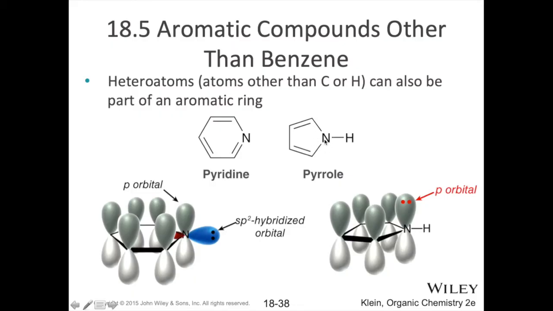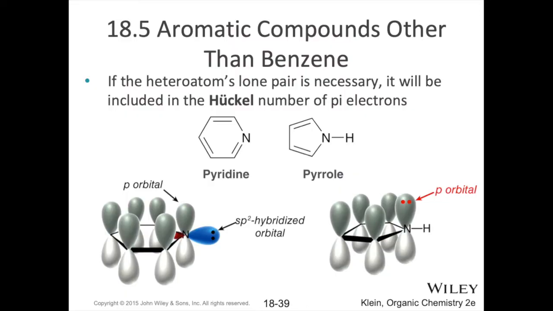Okay. In the case of these heteroatoms, you've got to take into account the different number of electrons and how that plays a part in the aromaticity. We have an interesting effect here, which you also have to take into account when looking at the basicity of these molecules. All right, so let's see how these are involved.